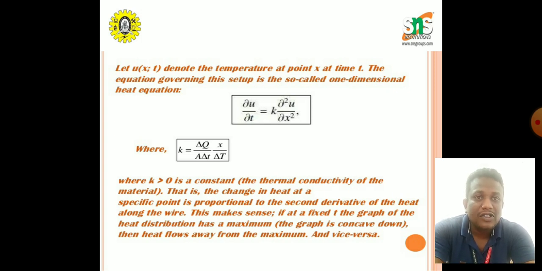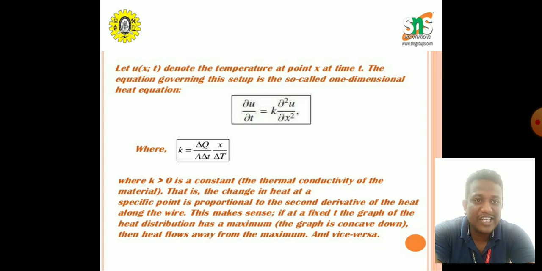Let u of x comma t denote the temperature at point x and time t. The equation governing this setup is the so-called one-dimensional heat equation, that is, dou u divided by dou t is equal to k times dou square u divided by dou x square, where k greater than 0 is a constant, the thermal conductivity of the material.